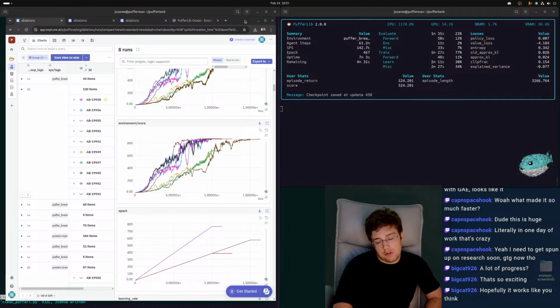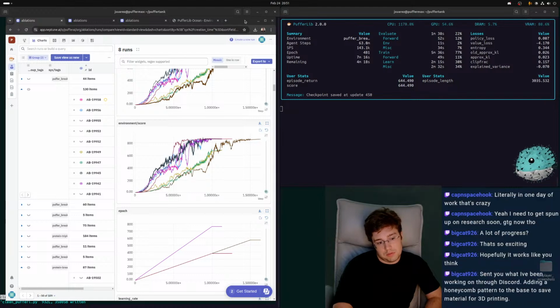The only thing we needed to do is to be better than the bottom set of curves. If it full solves, that's a bonus.